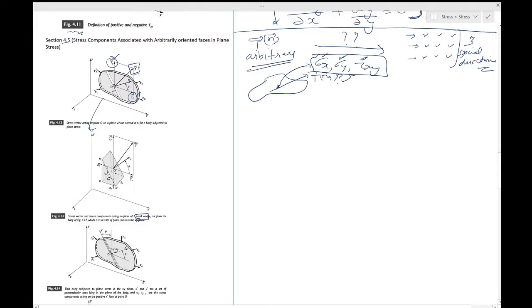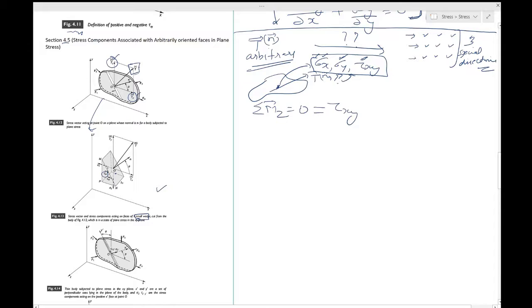So let's see, for this small wedge, we want to apply sigma Mz equal to 0. Let's start with tau xy multiplied by delta z. We want to just take care of this one first.